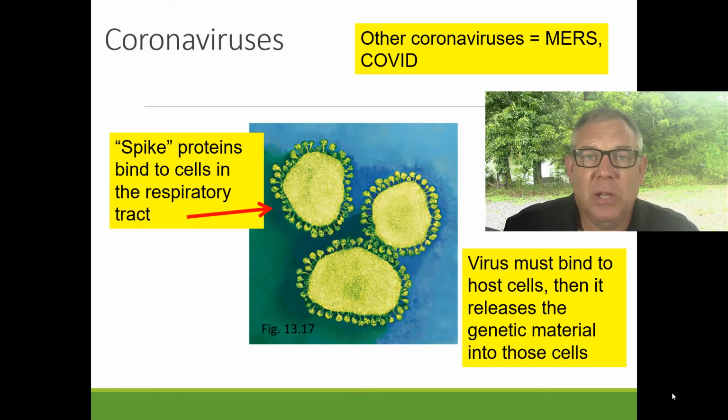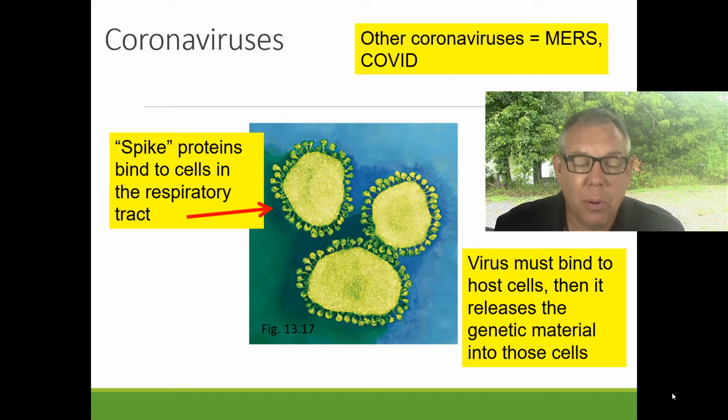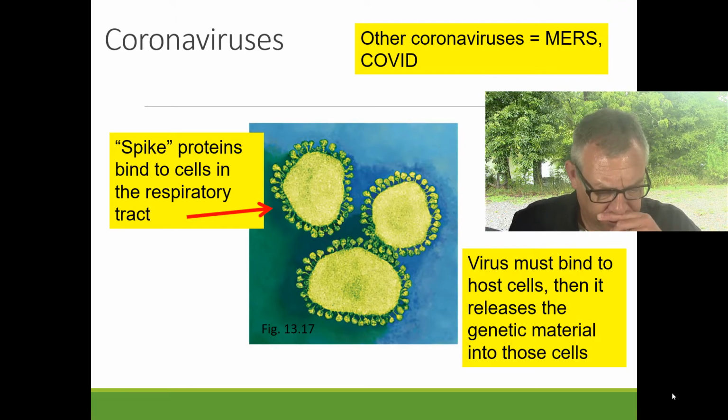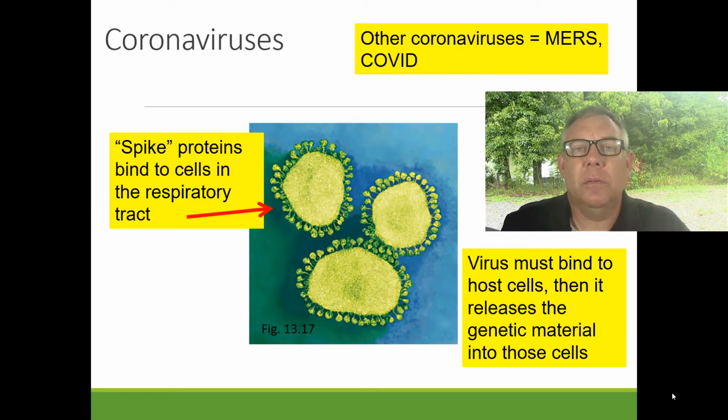Those spike proteins in COVID are very important because they're used to bind to cells in your respiratory tract. And so you know that coronavirus is a respiratory disease, and that's how it affects you, and that's where it's located in your body.